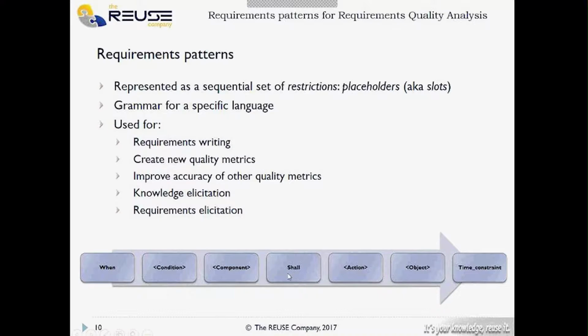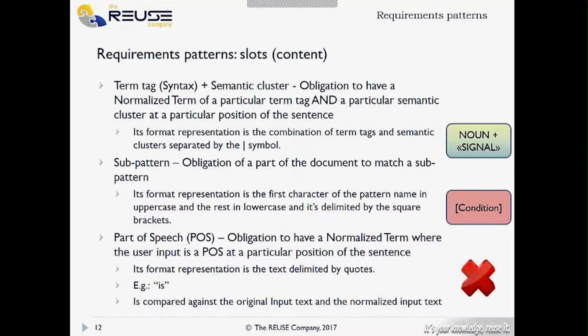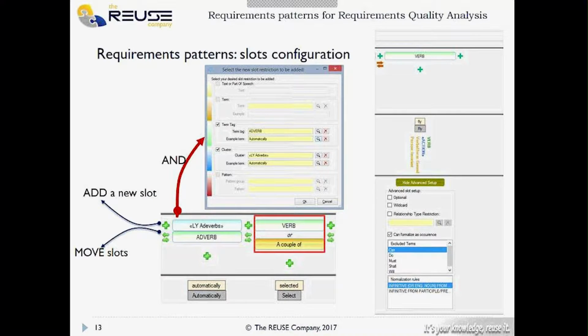"Shall" is just the word shall, and then action, and then object, and then time constraint. By the way, it should be in angle brackets, meaning that it is a sub-pattern which is iteratively described in another pattern. So this is the key idea of patterns, and this is how we represent patterns.